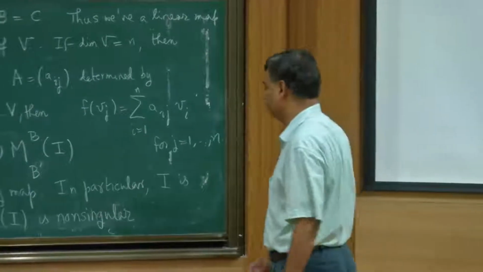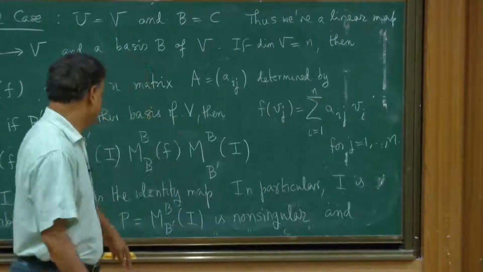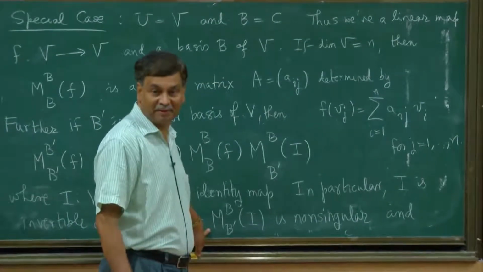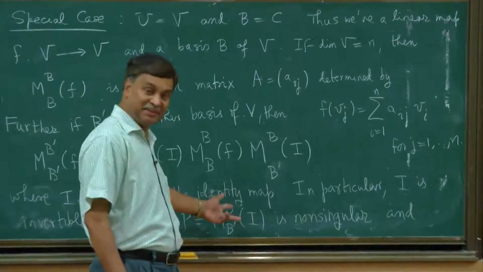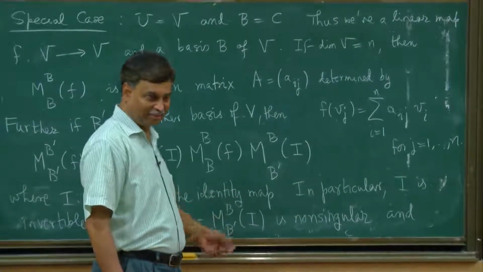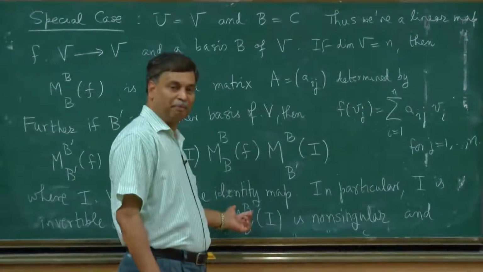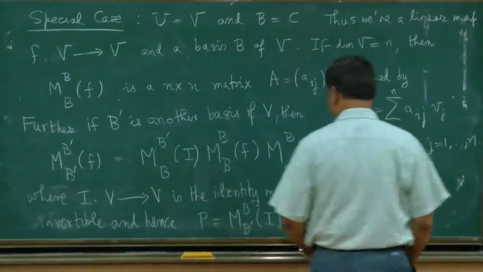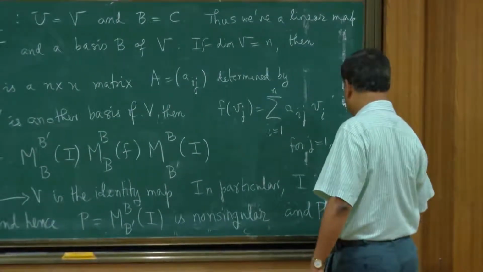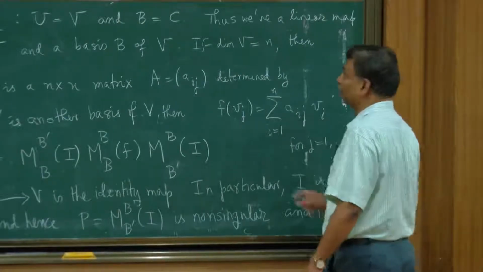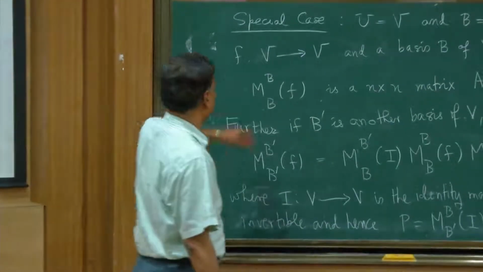Okay. And furthermore, if I look at this matrix, what will be its inverse? The map is I only, but the bases will get interchanged, right, because it is going from the codomain to the domain. So, B dash B will be swapped to B B dash, and P inverse is the matrix of B B dash I. Everything follows from this composite relation and its corollary. So, it's an important thing to derive.